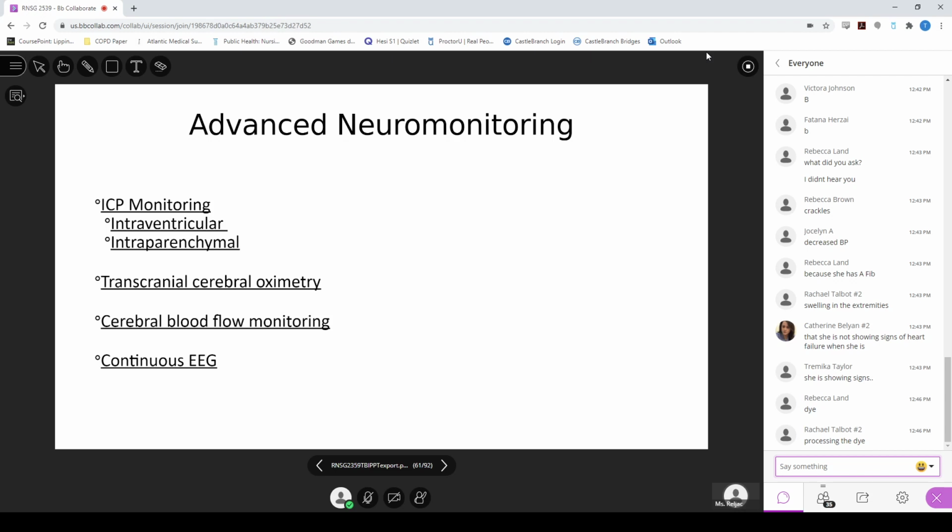The intraparenchymal monitor measures the pressure in the head directly by using a small pressure-sensitive probe that is inserted through the skull. So one's a probe, one's a catheter. This one is inserted directly in the head, but the other one is drilled and you go right into the lateral ventricle.